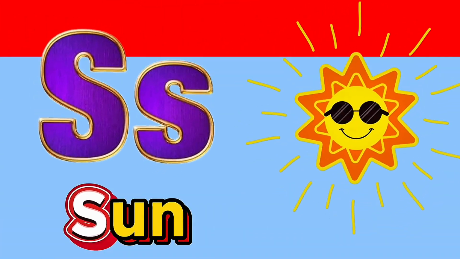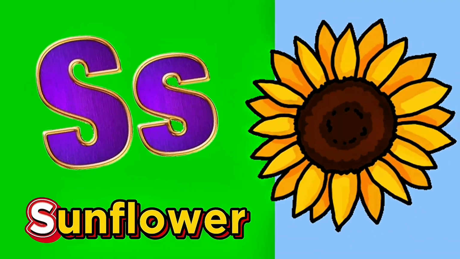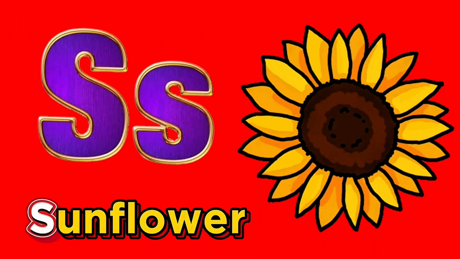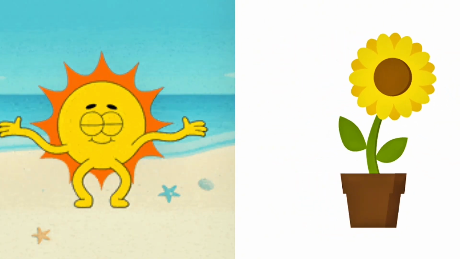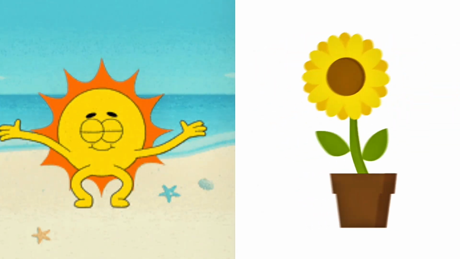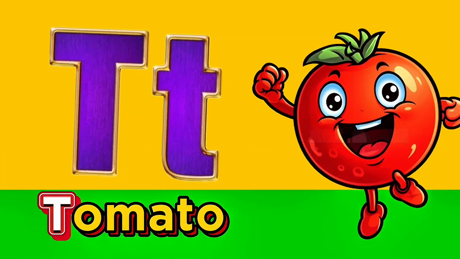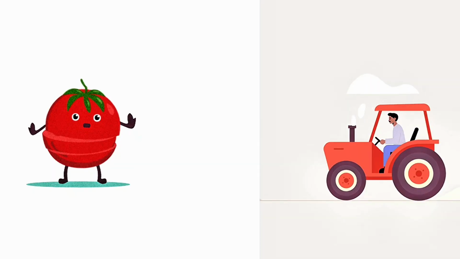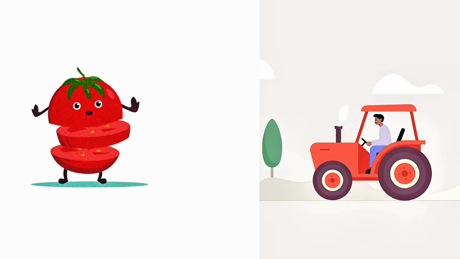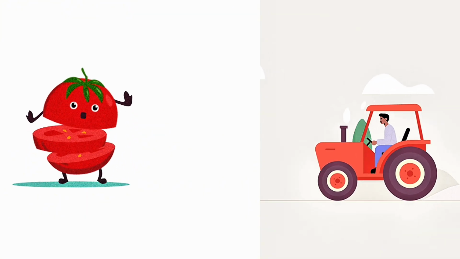S is for sun. S is for sunflower. S is for sun. S is for sunflower. T is for tomato. T is for tractor. T is for tomato. T is for tractor.